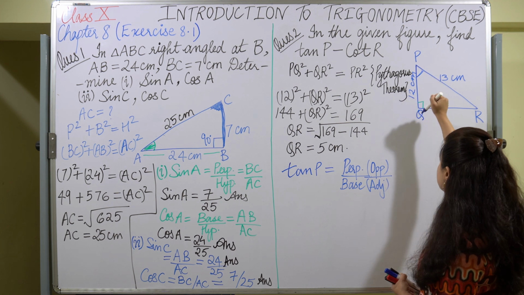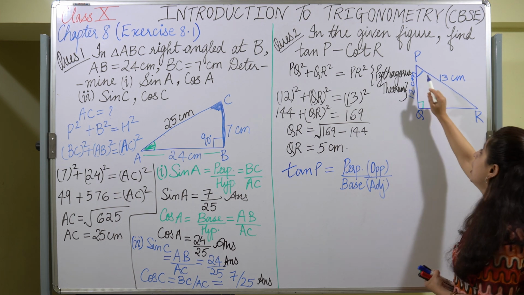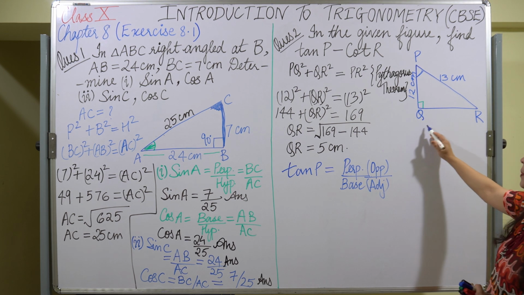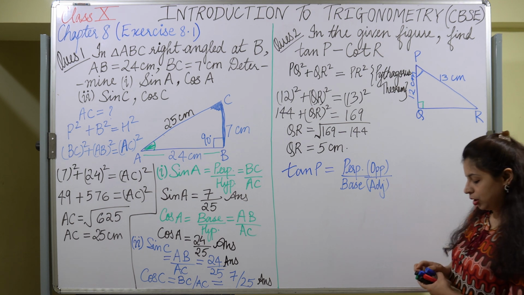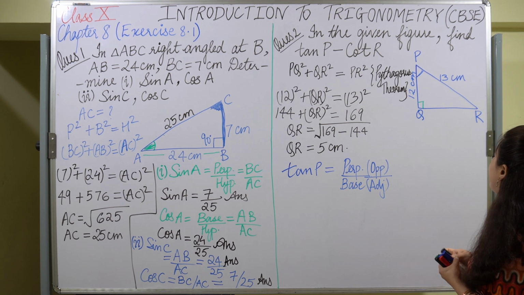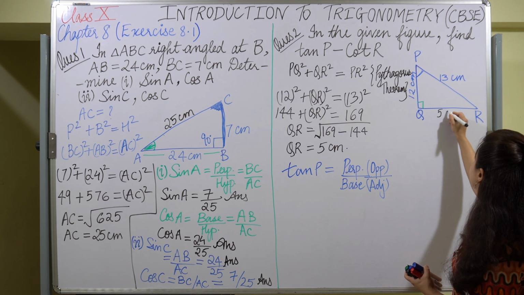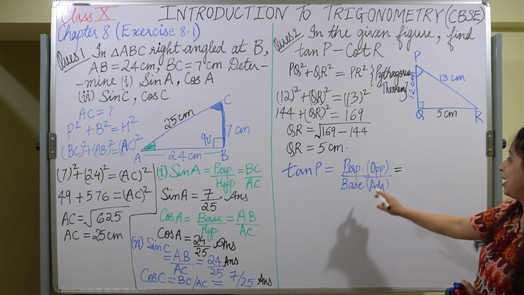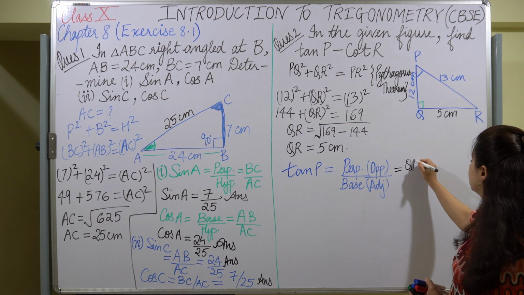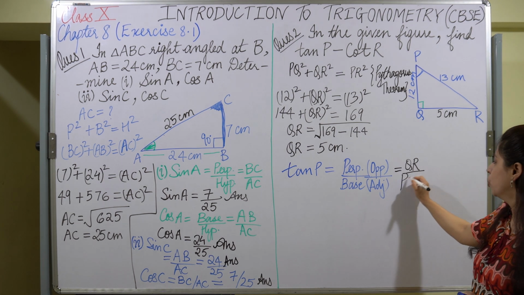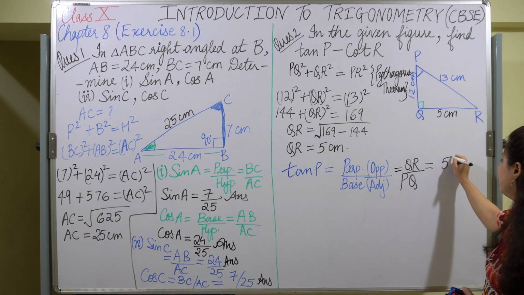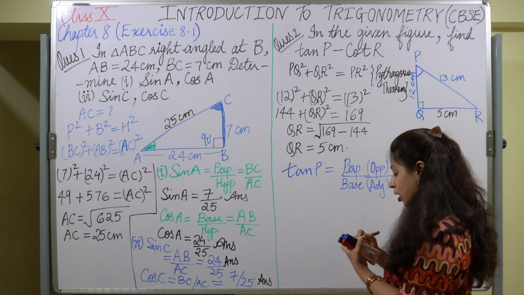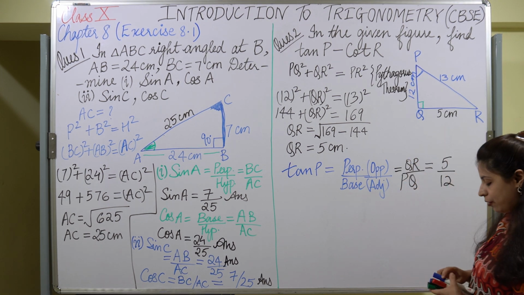So the base is PQ for angle P, and the perpendicular is this QR. QR we have already found, which is 5 centimeter. So perpendicular upon base, perpendicular is QR and base is PQ. QR value is 5 and PQ value is 12.